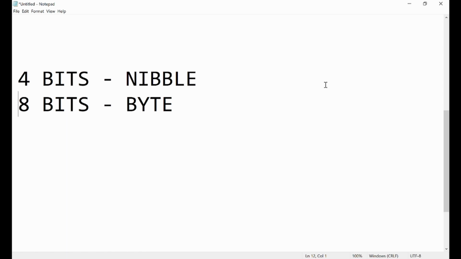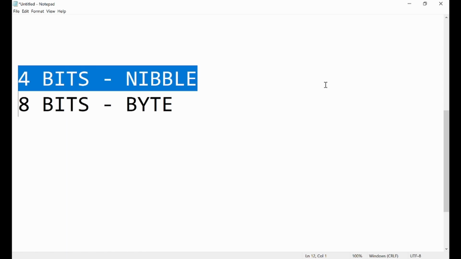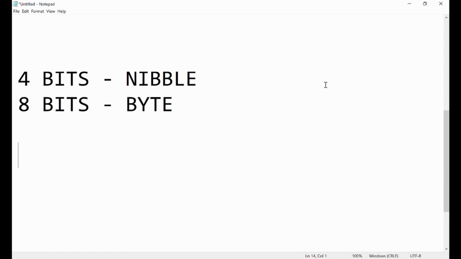So I'm just chipping this one in for you to store somewhere, because later in future you may be asked what 4 bits stands for.